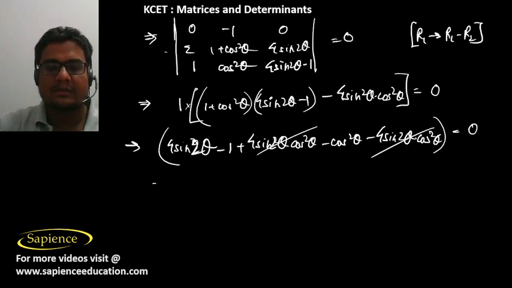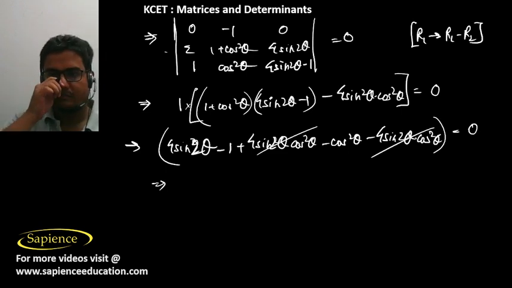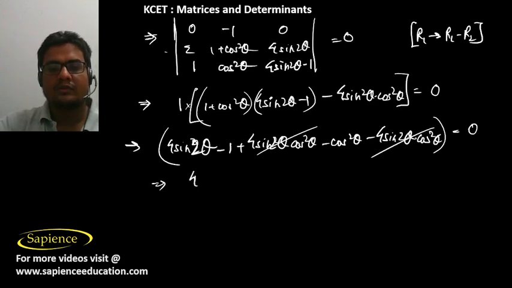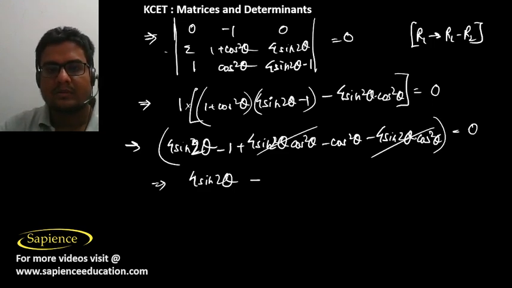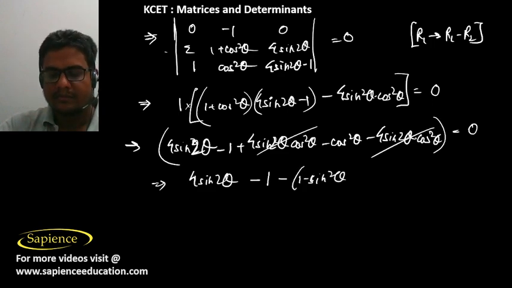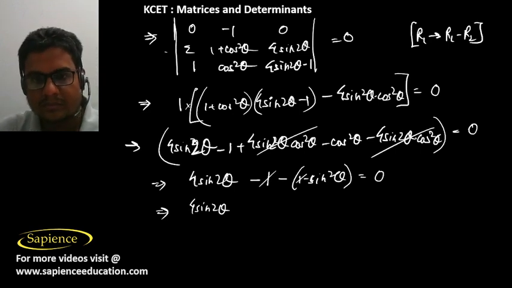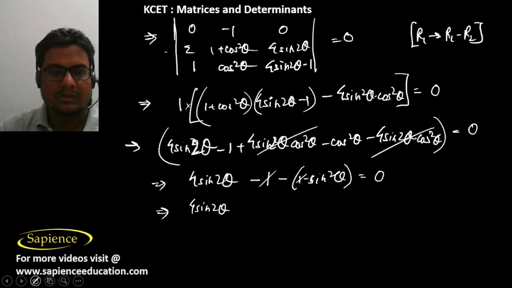So here we can see that this will be 4 sine 2 theta minus 1, minus cos square theta, and cos square theta we can write as 1 minus sine square theta, so minus 1 minus of 1 minus sine square theta is equal to 0.